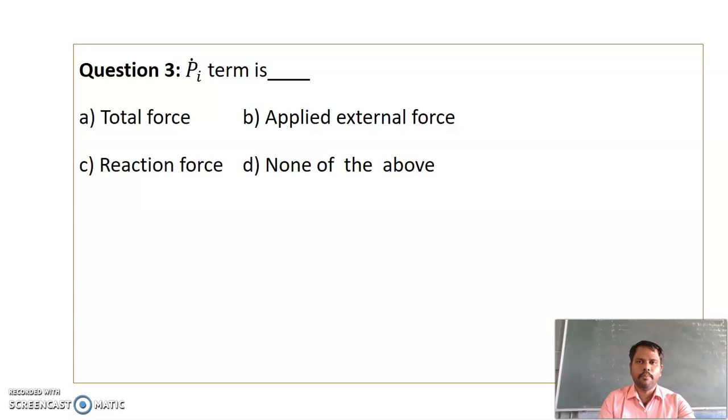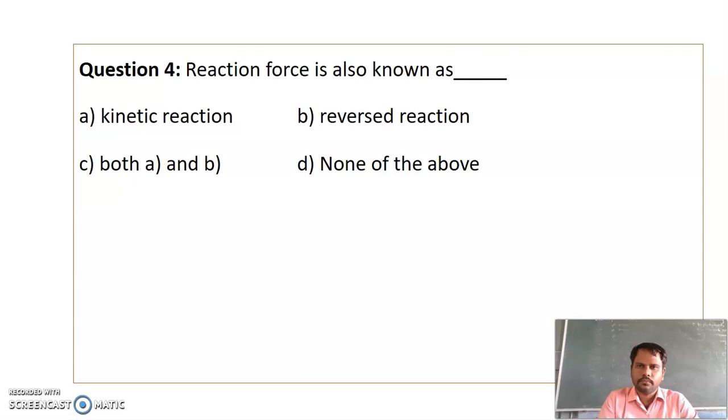Question number 3. The Pi dot term is a reversed force, so it is known as kinetic reaction.